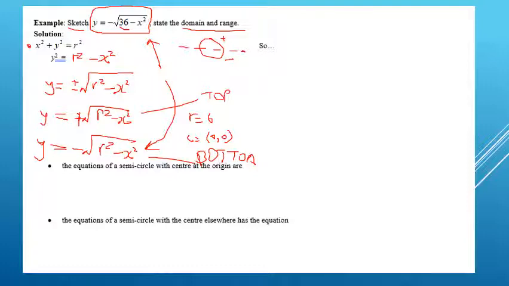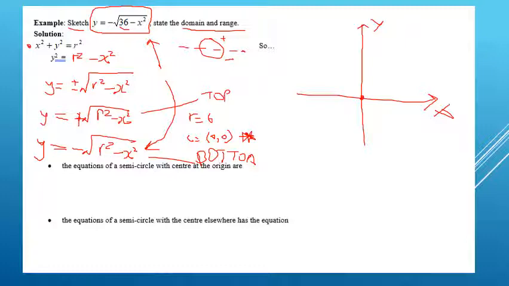So if I was asked to sketch this graph here, this is the graph I would be drawing. So draw my two axes, x and y. Okay, so I can imagine I've got a circle centre 0, 0, which we've looked at here. So the centre of the circle is here, but it's not really part of the graph we want to draw, so I might change colour for the graph.